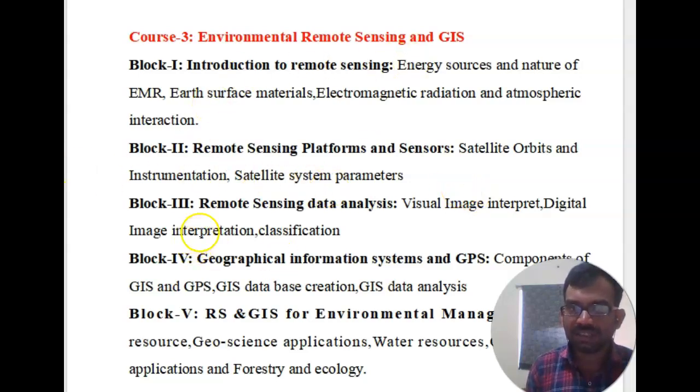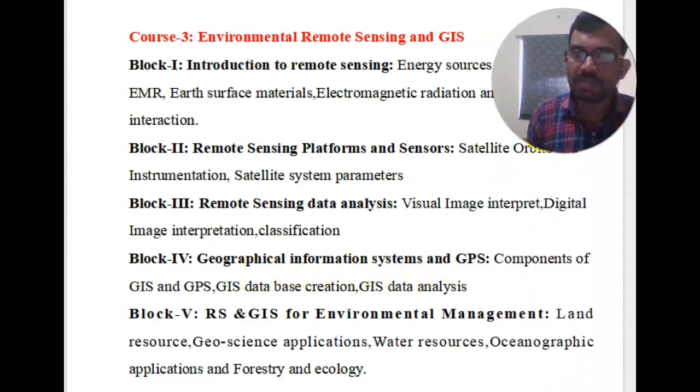And block 3, unit 3, is remote sensing and data analysis: how to take images and interpret them, digital images, introduction and classification of images also we need to discuss in this remote sensing and data analysis unit. The fourth unit is geographical information system and GPS: the components of GIS, GPS, GIS database creation, GIS data analysis.